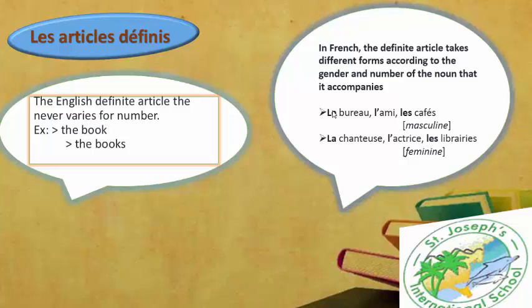L'apostrophe we use for both masculin ou féminin singulier that start with vowels like A, E, I, O, U et parfois le H. The word les, we use it with the nouns pluriel, masculin ou féminin pluriel, as you see. Les cafés, les librairies. Okay, let's move on.